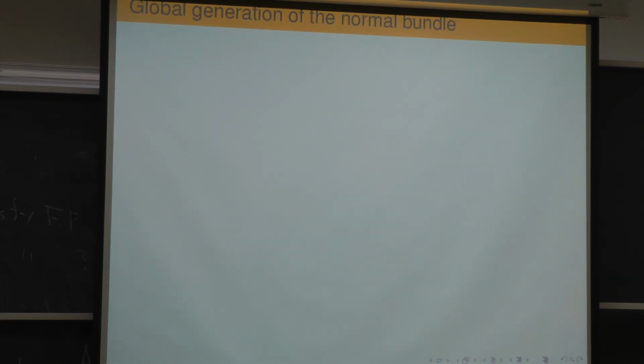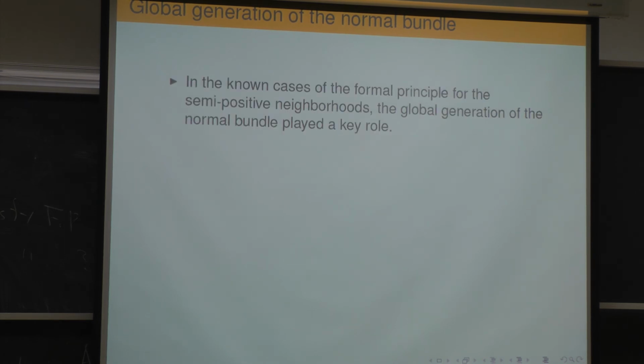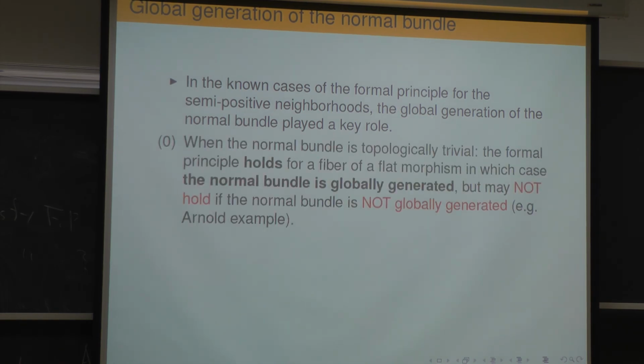Now it's interesting to observe the role of global generation of the normal bundle. In the known cases of the formal principle, at least in the semi-positive neighborhood case, the normal bundle should be globally generated to have the known result. In the case of a flat neighborhood, the normal bundle is topologically trivial, and then the formal principle holds if it is globally generated.